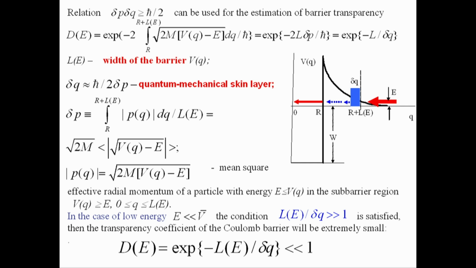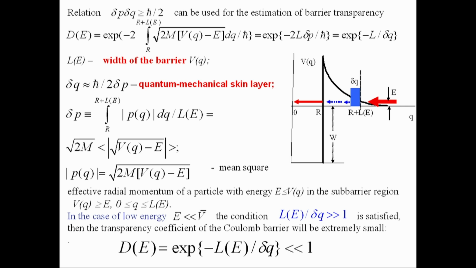If a particle needs to observe some fluctuation of energy for transition over the barrier, we can easily calculate some quantum mechanical skin layer, not fixation of the position. But if we calculate such a parameter, this area is very small.